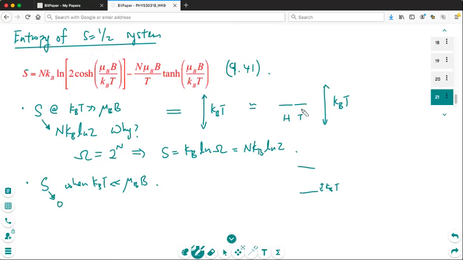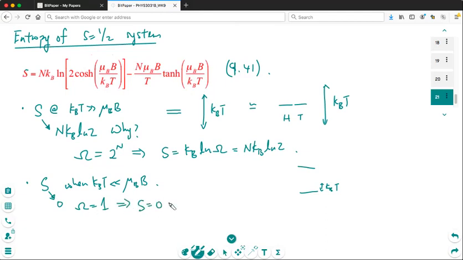I will only have one situation where all the N coins are tail, or all N coins are head. You remember that table I gave you? In that case, your omega is 1, and therefore S is 0.